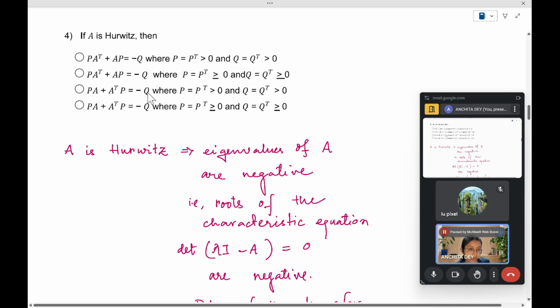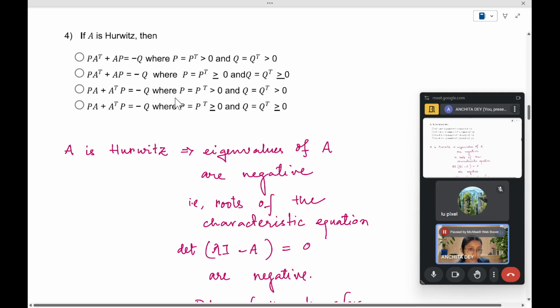In each of these options, you can see that Q is equal to Q transpose, which means Q is symmetric. P is equal to P transpose, which means P is also symmetric. And in fact, these are either positive definite or positive semi-definite. So if Q is positive definite or positive semi-definite, it means that minus Q would be negative definite or negative semi-definite.